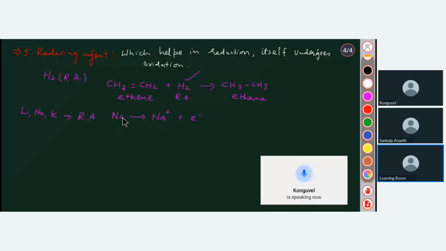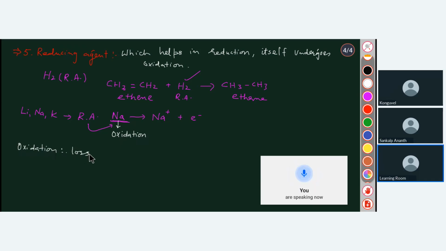So any element which can lose its electron has undergone oxidation. When it itself undergoes oxidation, it acts as a reducing agent. Got it? Yes, sir. If any element loses electrons, that means it has undergone oxidation. This is another definition of oxidation. I will write it here: oxidation means loss of electrons and reduction means gain of electrons.